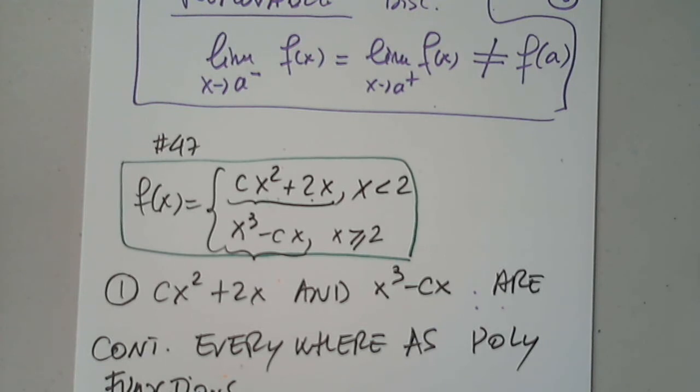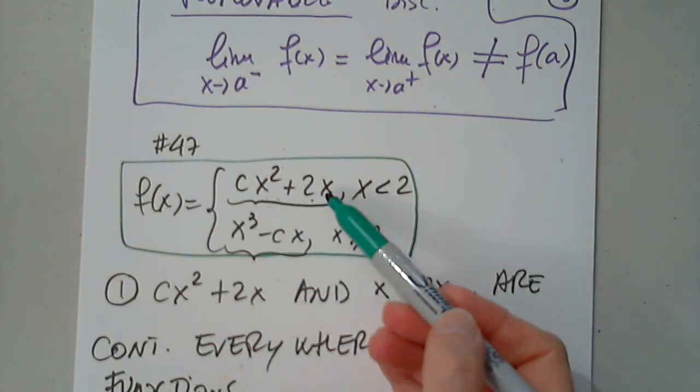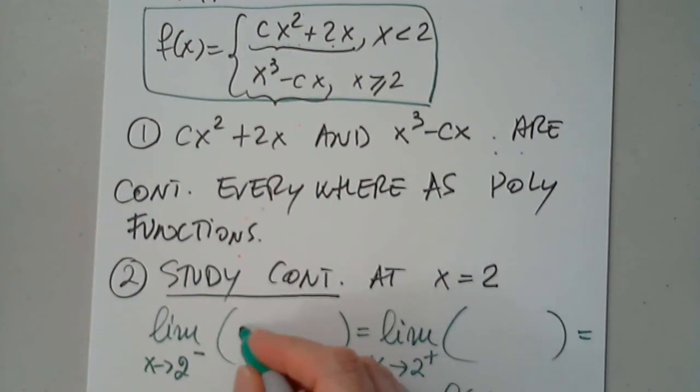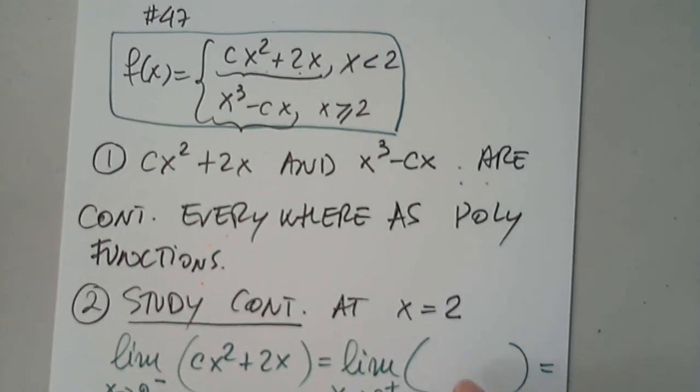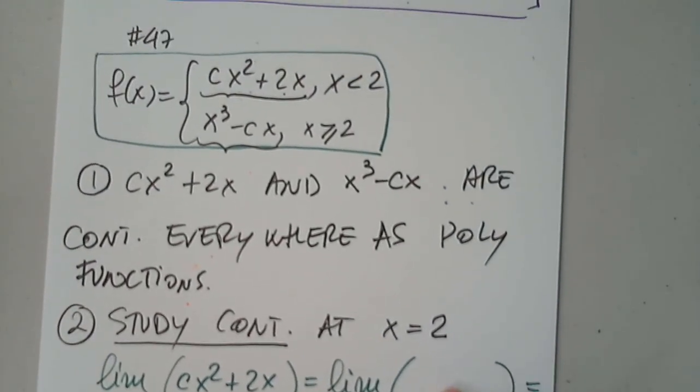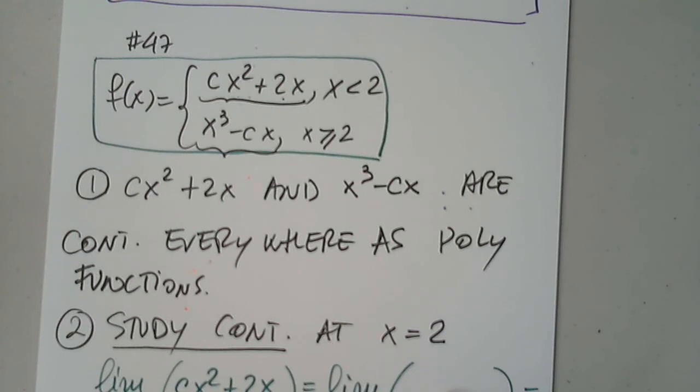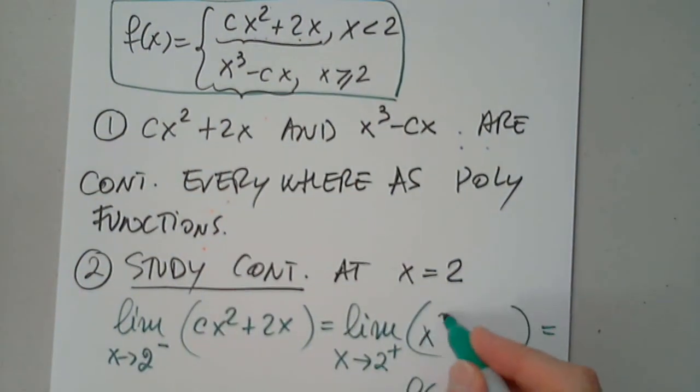Cx squared plus 2x. Very good. And what do I put in here? X cubed minus cx. Very good. Now let's work on these.